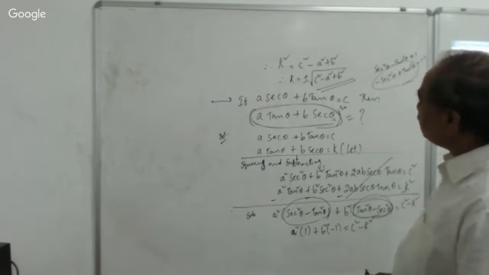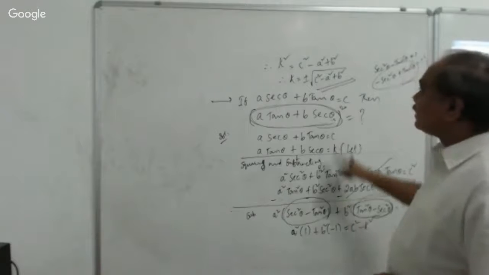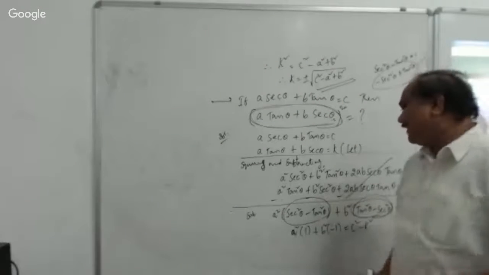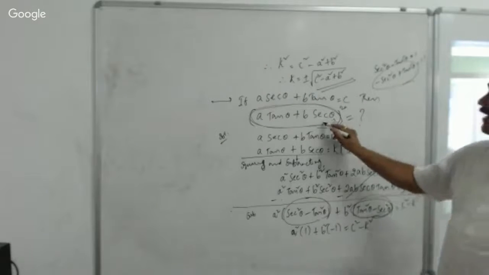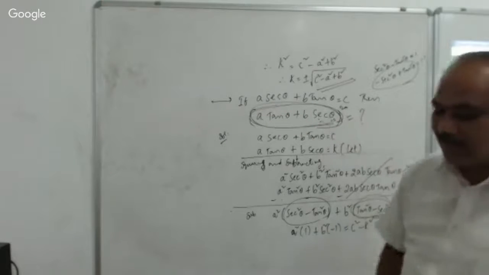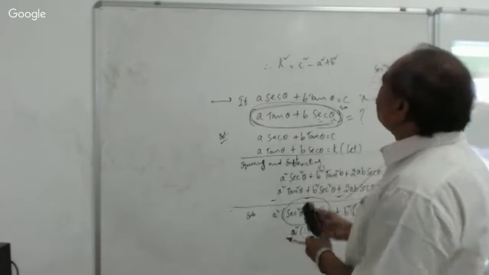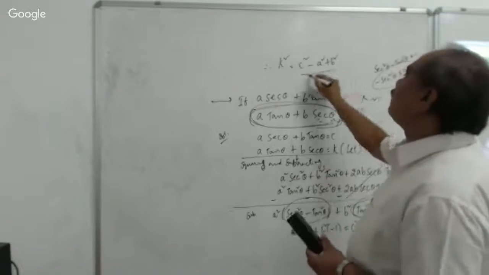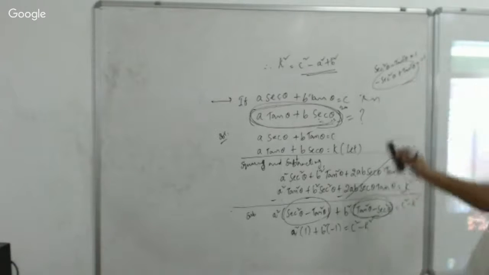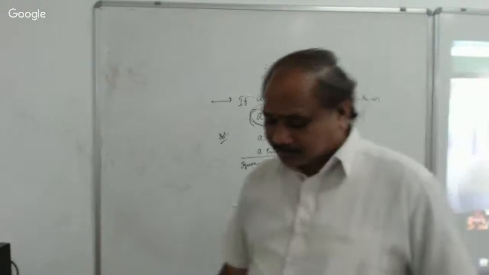We need only k square. Okay, sorry, he asked the k square value. So the k square value is c square minus a square plus b square.